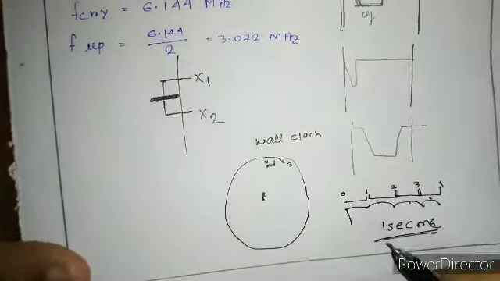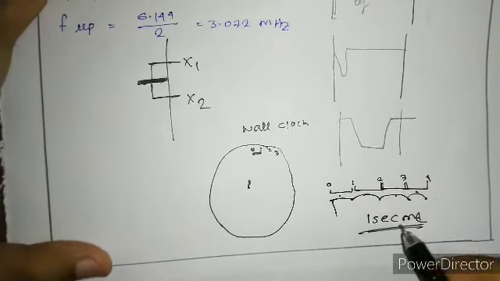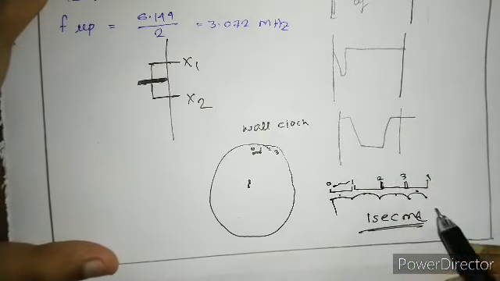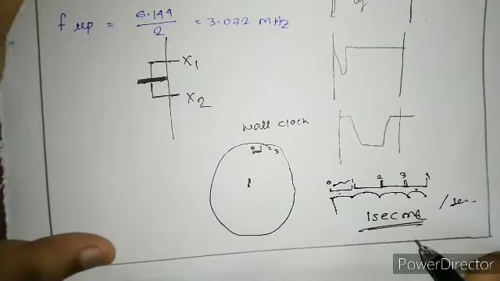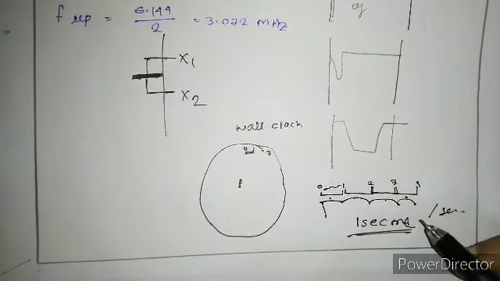So it can be said that the second hand travels this much distance per second. That is the frequency, right?